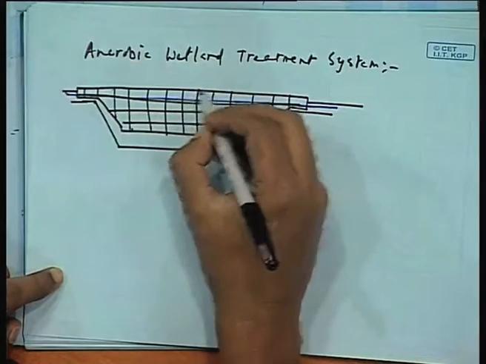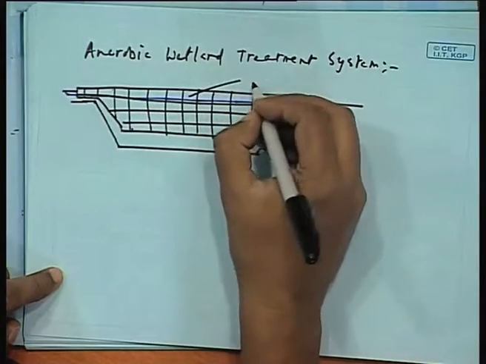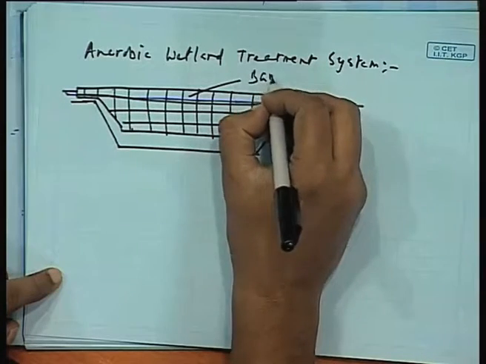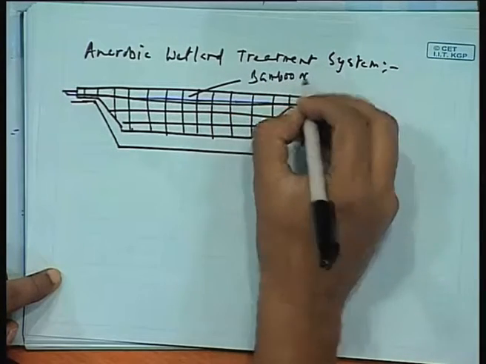Okay, this is the construction. This is the bamboo mats, or straw mats.